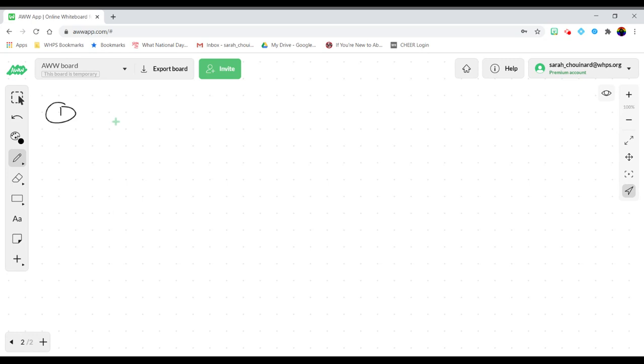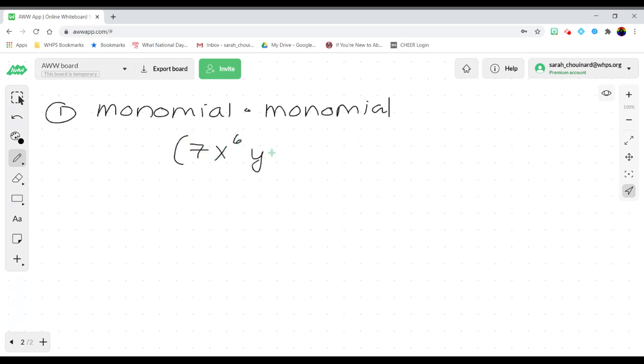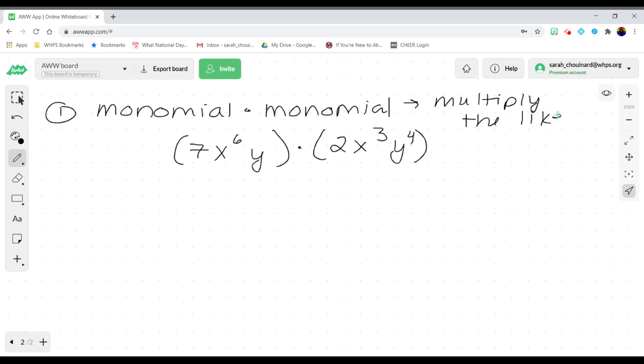So the first combination that we can have is if we do a monomial times a monomial. So remember, monomial means a single term. So if I were to multiply something like 7x to the 6th y by 2x to the third y to the fourth, when we multiply a monomial times a monomial, we want to multiply the like parts.